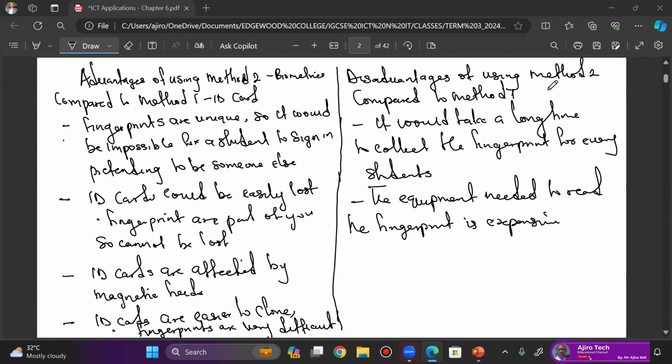Now, another one is the invasion of privacy. Whether I like it or not, many parents or students may object to having their fingerprint stored in the database. Because what happens if those fingerprints in the database have been exposed or sold?